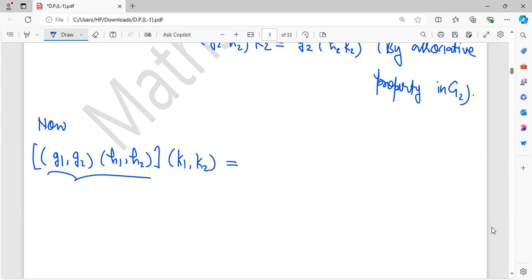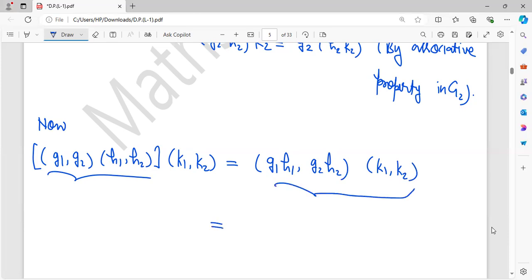How we will solve this? By definition of the operation defined above in the star equation. So this is (g1h1, g2h2). Okay. So (k1, k2) will remain as it is. Again, use the operation. Okay, in this what we will get? So this will be ((g1h1)k1, (g2h2)k2). Okay.